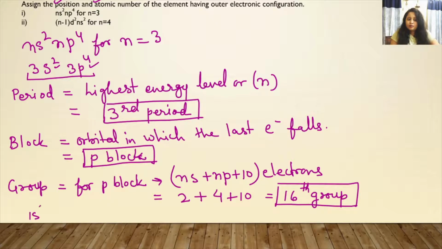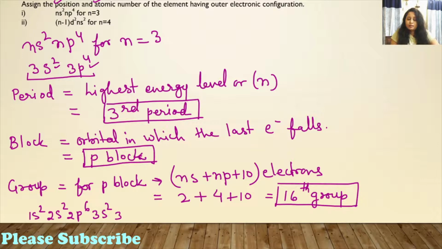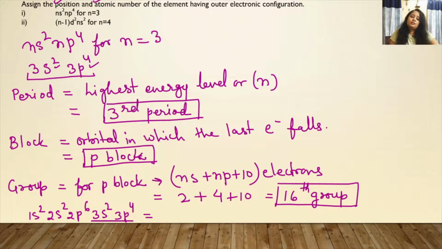We can write 1s2, 2s2, 2p6, then 3s2 and 3p4 as given in the question. So now let's count the number of electrons over here. 6 plus 2 plus 2, 10 plus 4, 14 plus 2, 16. Here it is 16 electrons. So 16 electrons means the number of protons also will be 16.